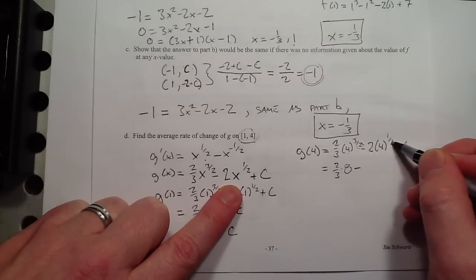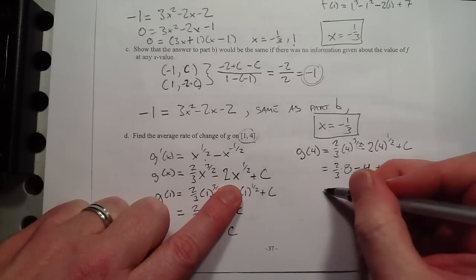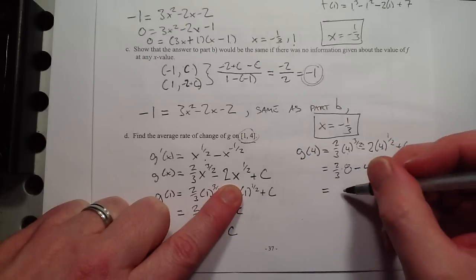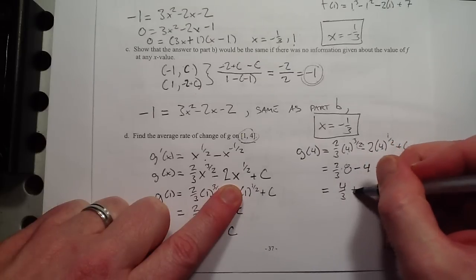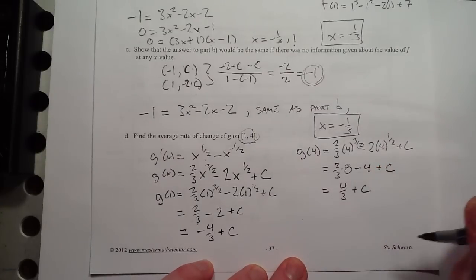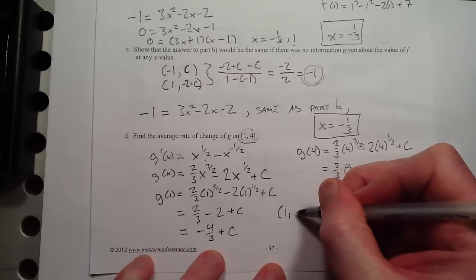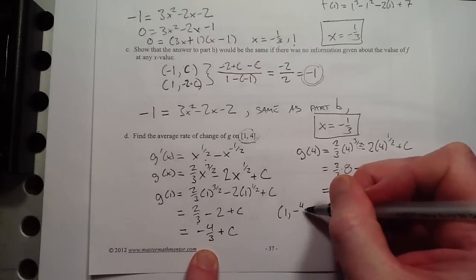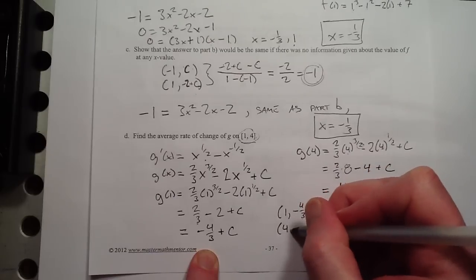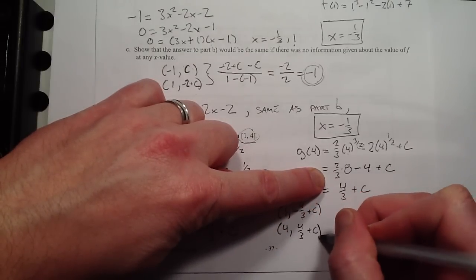The square root of 4 is 2 times 2 is 4 plus c. That's 16/3 minus 12/3. That's positive 4/3 plus c. Okay, so the 2 points that we have are the points 1, comma, negative 4/3 plus c, and the point 4, comma, 4/3 plus c.